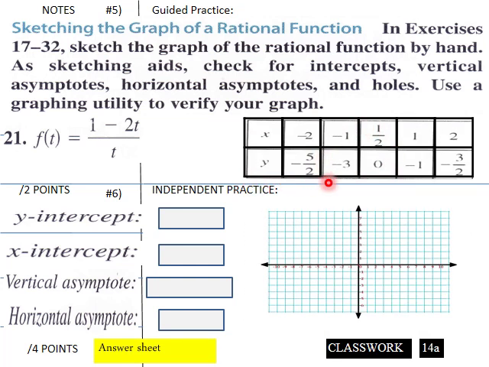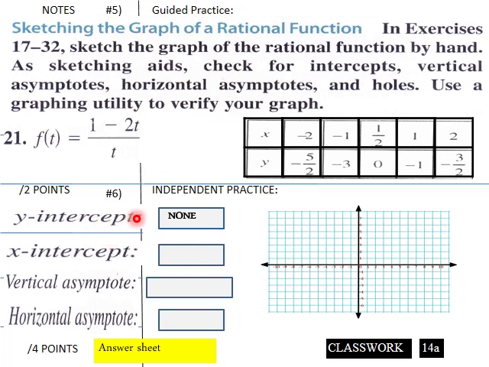And then here's the table of values. Our x-intercept will be 1/2. Why is that? Because that'll be a zero of the numerator. When t equals 1/2, f of t will equal 0. So we can see that will be our t-intercept there.